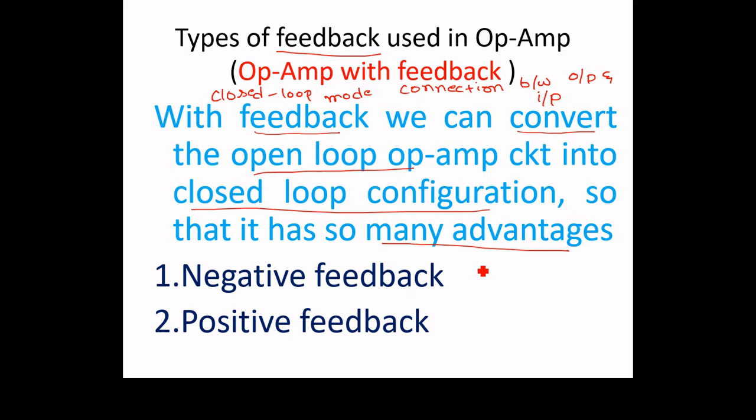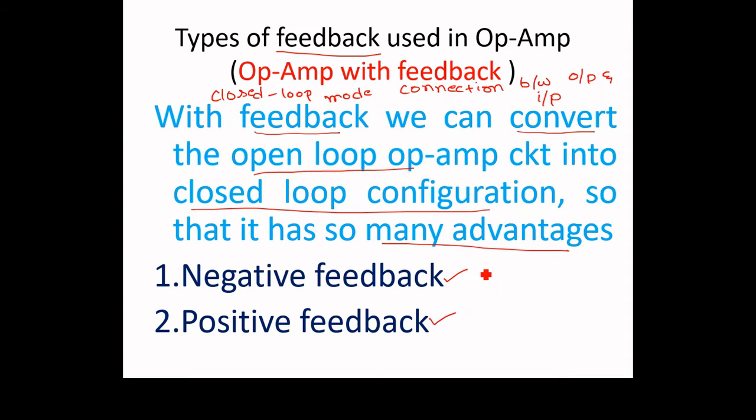Again, this closed loop feedback is classified into two types: negative feedback and positive feedback. Whenever a device is operating with feedback, we can classify that feedback into these two types. When do we say it is operating in negative feedback?